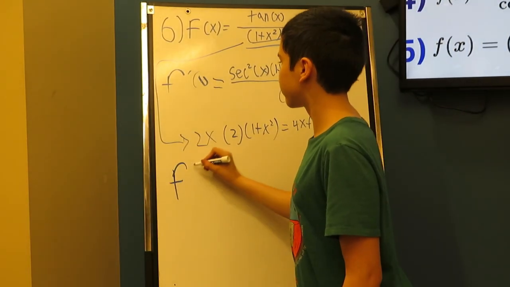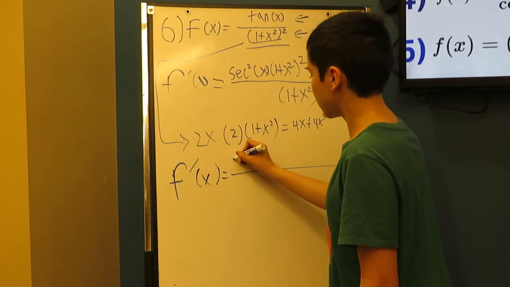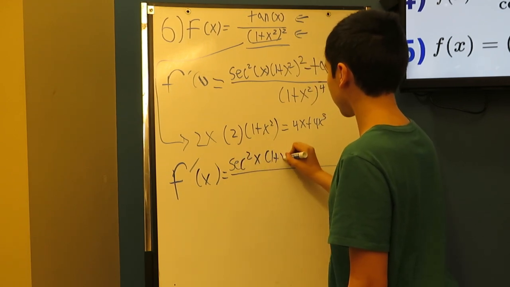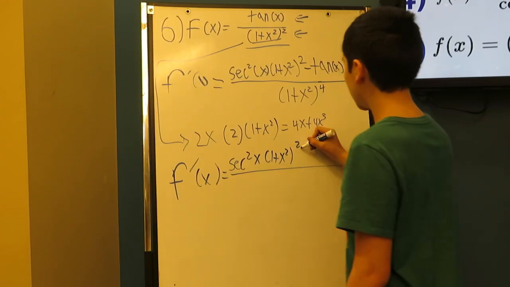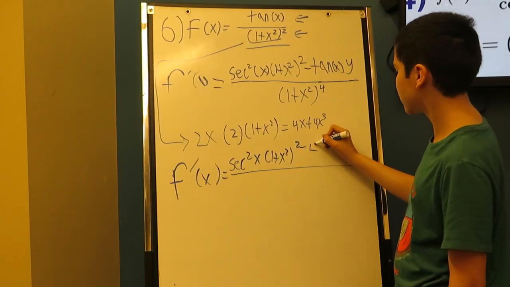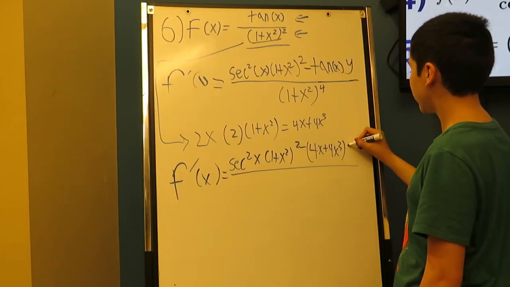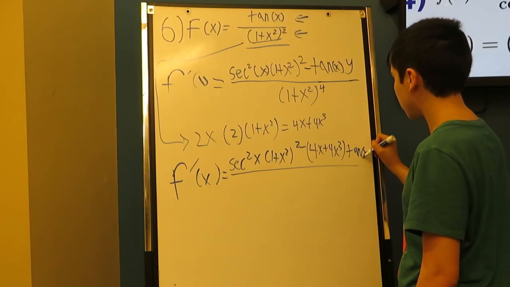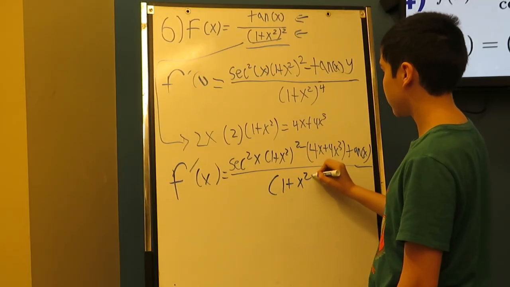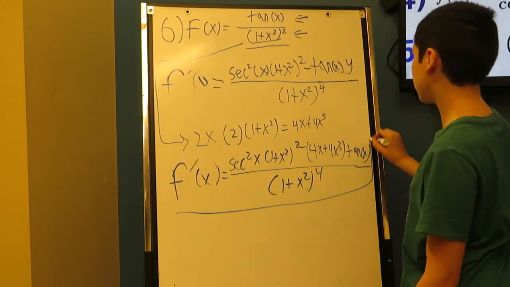And then we get f prime of x equals secant squared of x times 1 plus x squared, minus 4x plus 4x cubed times tangent of x, divided by 1 plus x squared to the 4th power. And that would be our final answer.